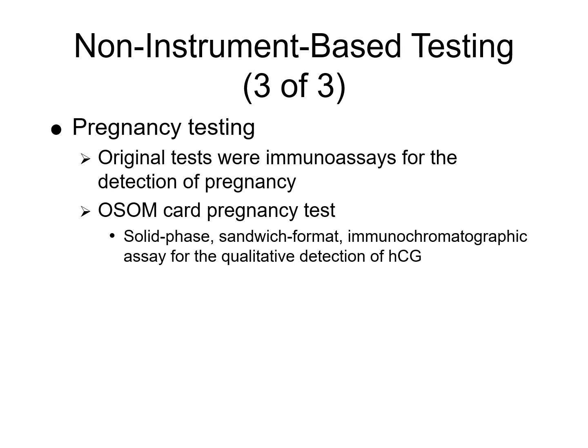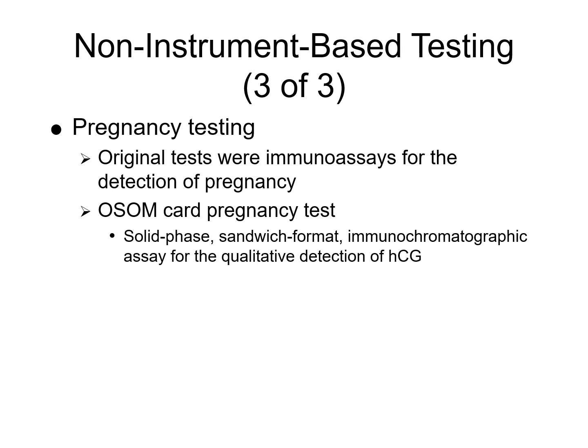An example would be the OSOM card pregnancy test. This is called a solid phase sandwich format immunochromatographic assay. Its function is to provide qualitative detection of HCG in urine. An advantage is it's rapid and easy to use, it requires minimal equipment, and it is suitable for point of care or clinic use.